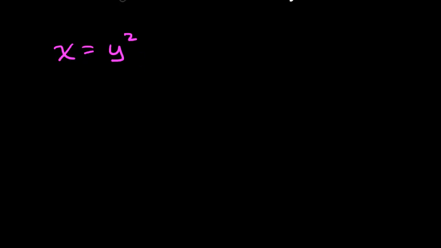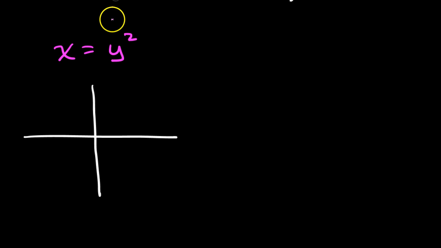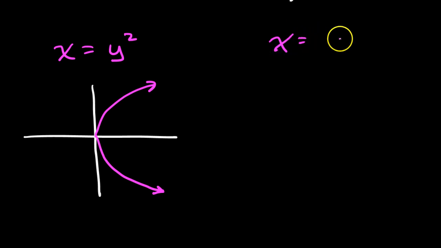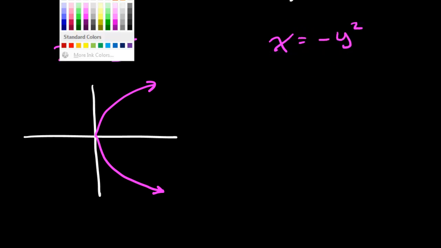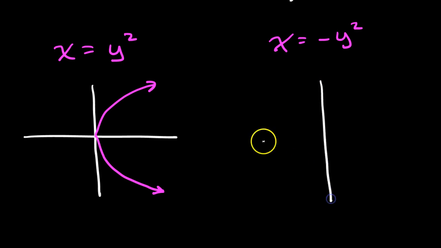Well, the deal here would be that this is a sideways parabola. x equals y squared is still going to be a parabola, but it will be opening to the right like this. In this unit, we're going to have to deal with parabolas like this. And in the same way, if I had x equals negative y squared, that would be a parabola opening to the left.